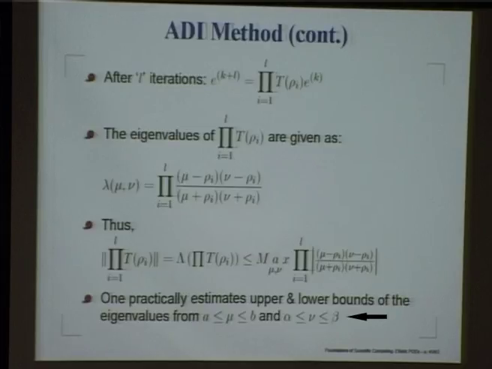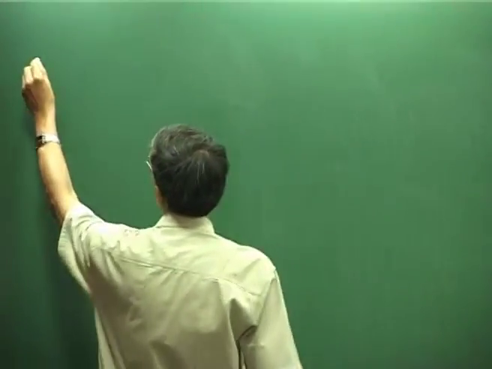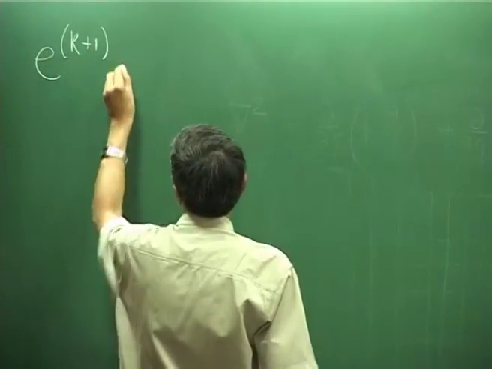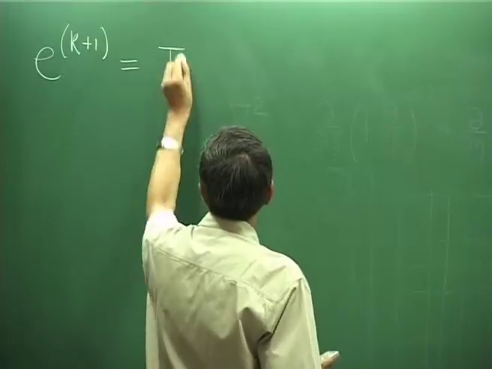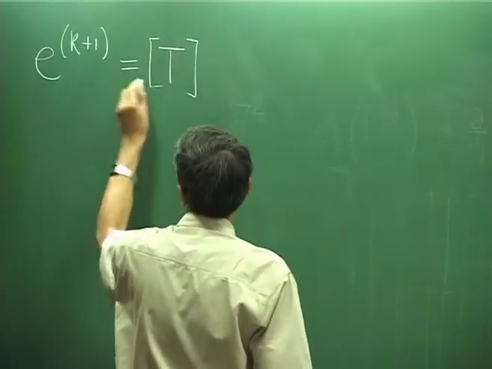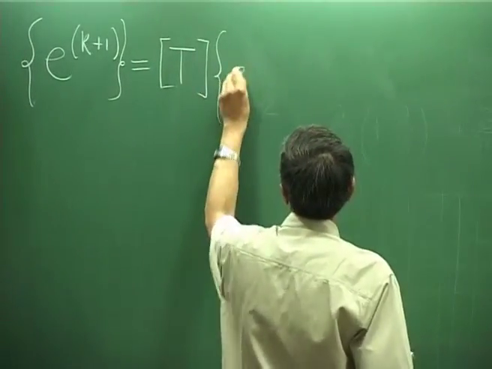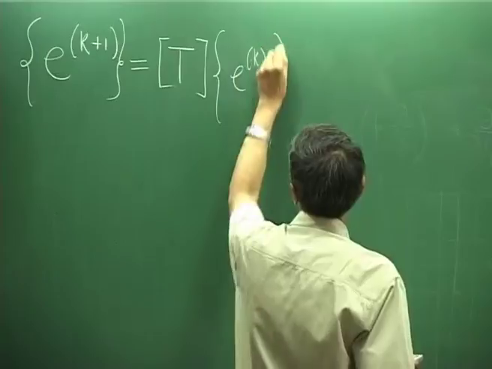Now, let me draw a diagram to tell you what we get out of this operation by this T matrix. See, what we have written down just now is that E k plus 1 is given by the T matrix. So, this is a vector and this is operating on this.